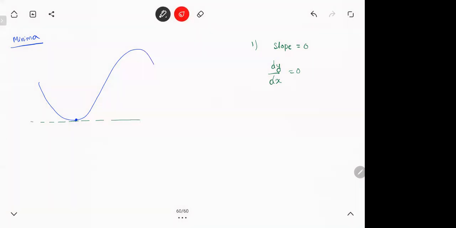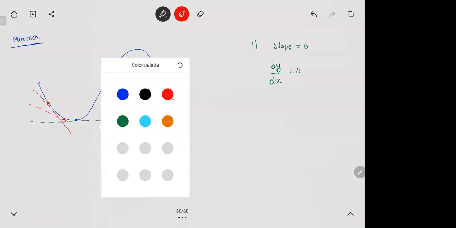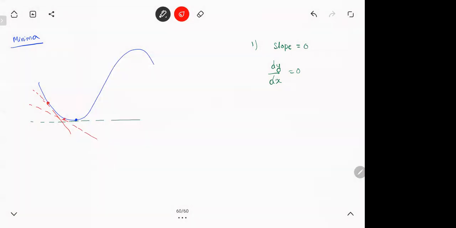Now look at the slopes. Can you see the line is becoming flatter? This thing is drawn like a line, not up to scale.